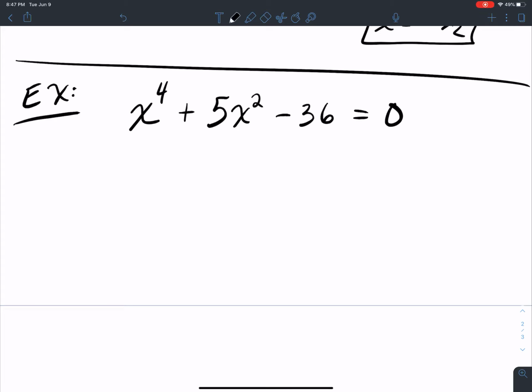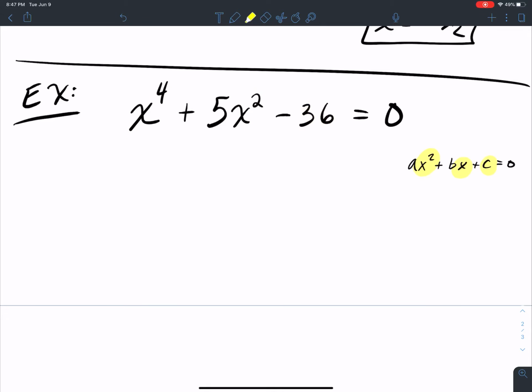But it's very similar to the AC method, right? AC method would be like ax squared plus bx plus c equal to 0. We have something squared, down to something linear, to a constant. Well, I got my constant, but then the squared, and then double that squared is the 4th, right?